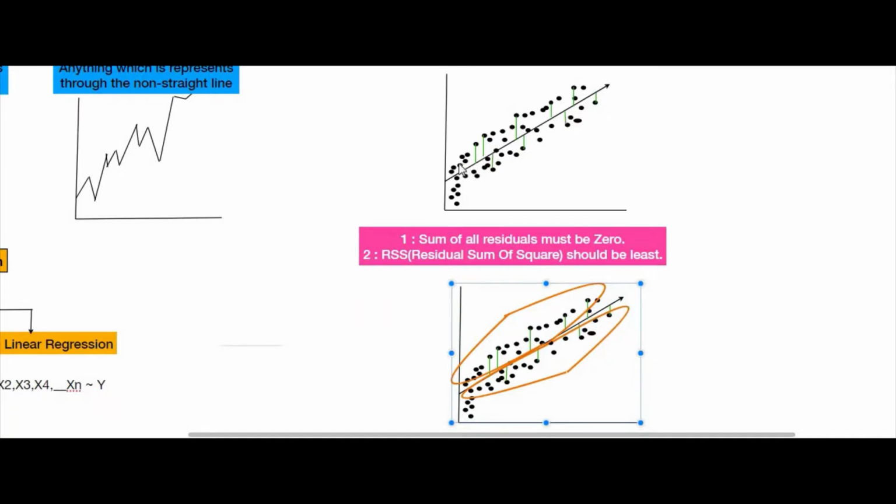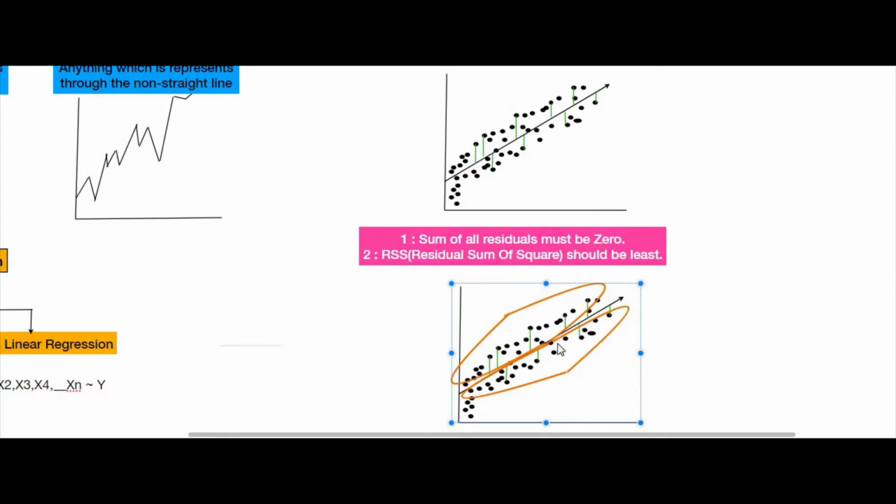If you take the sum of all the positive errors, then the sum of all the negative errors, and then add these values, you will get 0. It means you can use linear regression.